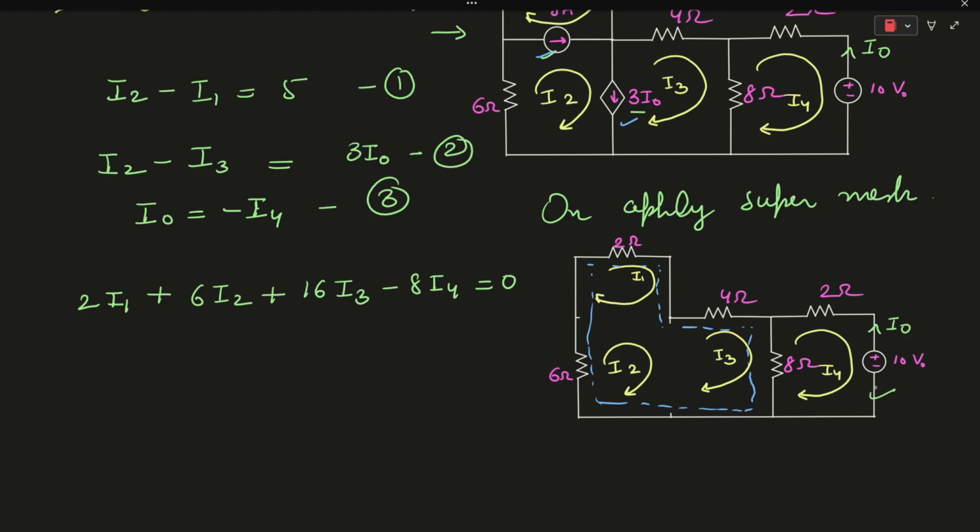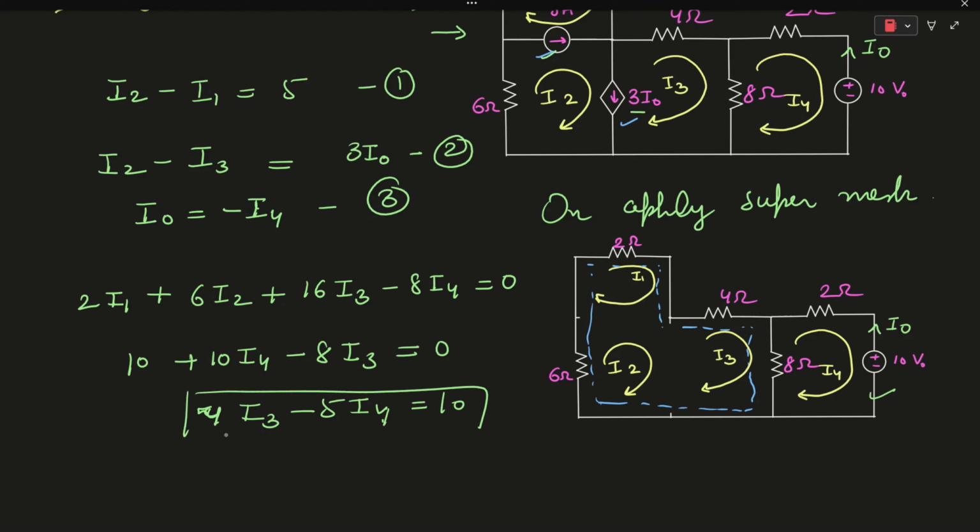In this particular loop, on applying KVL, we can say that 10 plus 10 I4 minus 8 I3 is equal to 0. It means that 4 I3 minus 5 I4 is equal to 10. Let's say this is your fourth equation and this is your fifth equation.